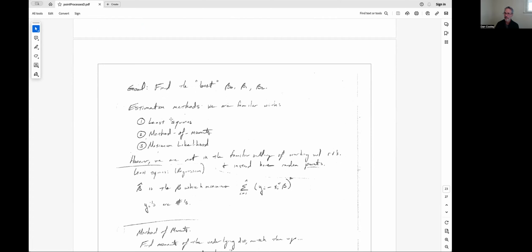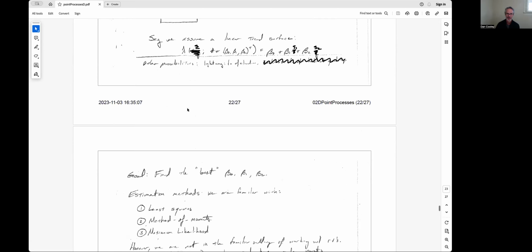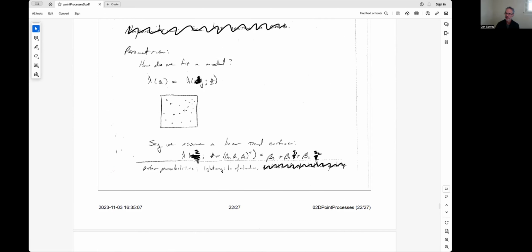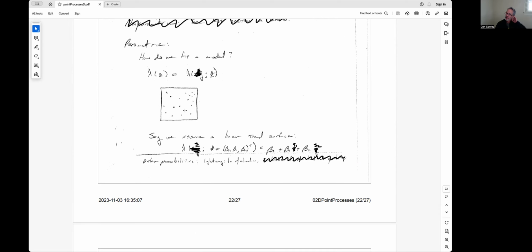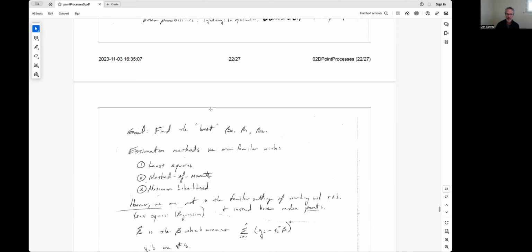This seems like a regression problem, and so you might be tempted to think about least squares, but of course our data are locations in a region, and so it's hard to reconcile those locations. There are no numbers associated with these, so how do we reconcile the fact that I've got a point or an event at each of these locations?